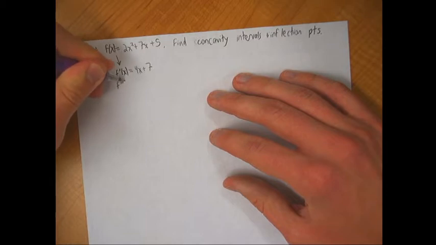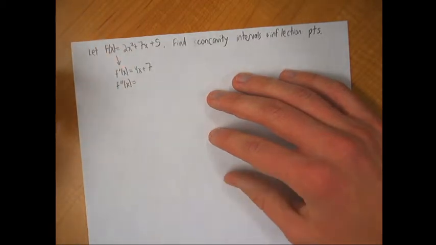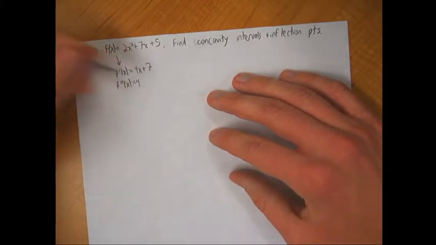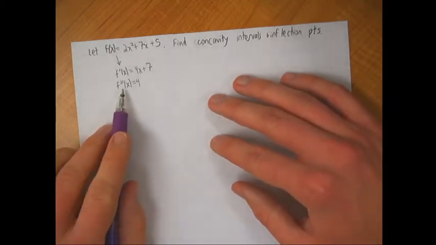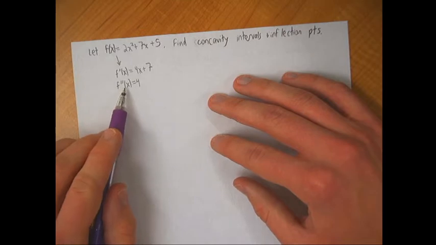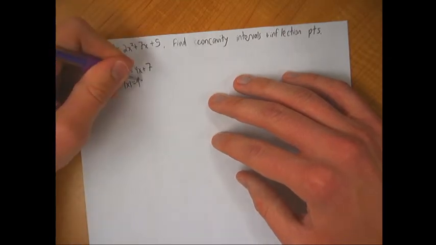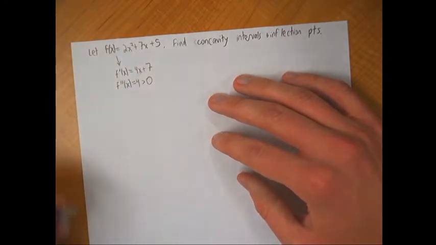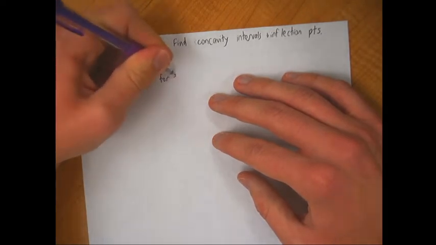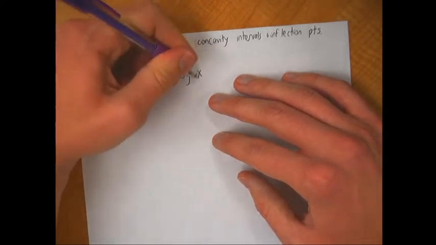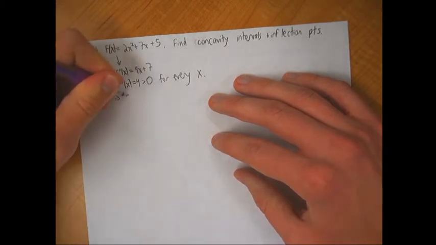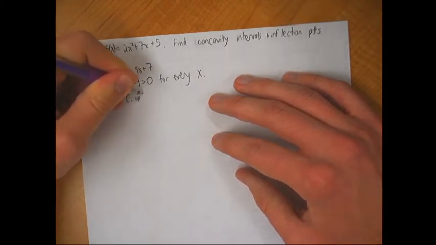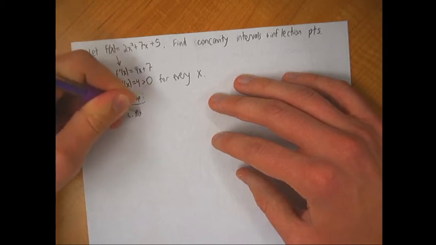Then the second derivative should just be a pretty quick application of power rule, which is just 4, right? So what you notice is that for every value of x, this is always positive. For every x. So what should that tell you about the concave up intervals and concave down intervals?